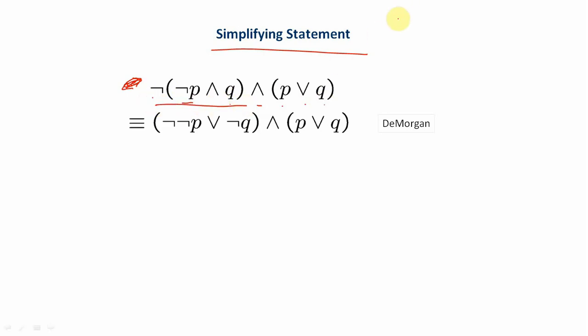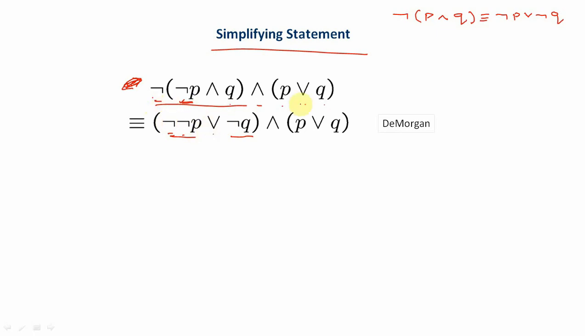If you remember, what was De Morgan's law? De Morgan's law says negation of P and Q is equivalent to negation of P or negation of Q, right? So applied over here, negation of negation P and Q becomes negation P or negation Q. There was one negation already over here.